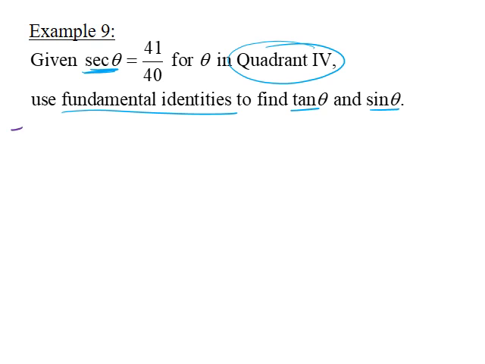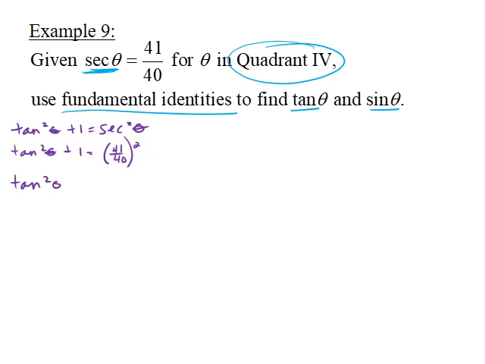One of them is tangent squared of theta plus 1 is equal to secant squared. Well, I'm going to plug in what we know, and what we know is secant. So this becomes tangent squared plus 1 is equal to 41/40 squared.